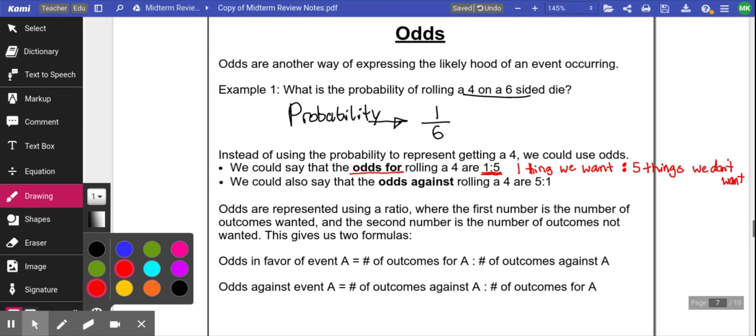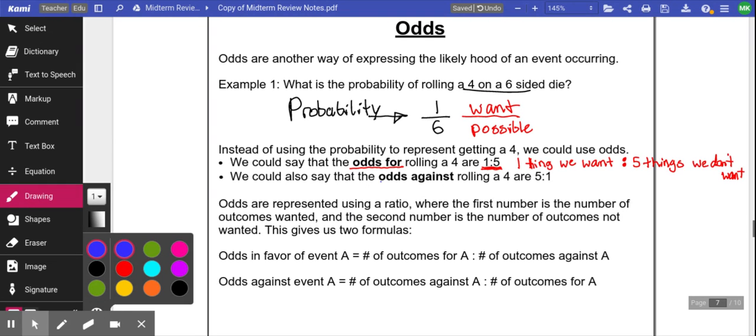Where probability told me that there's one thing I want divided by what's possible, odds actually uses the complement. It's telling you the number that you want to have happen and then the opposite, what you don't want to have happen. They also do odds against. Odds against is the same as odds for, but in reverse order. So if odds for were 1 to 5, the odds against would be 5 to 1. So that would be don't want comes first versus do want second.